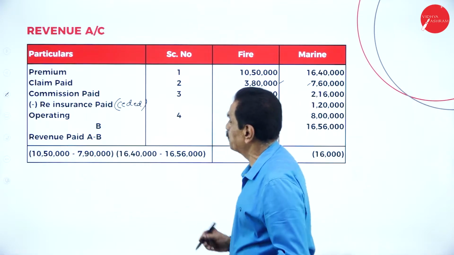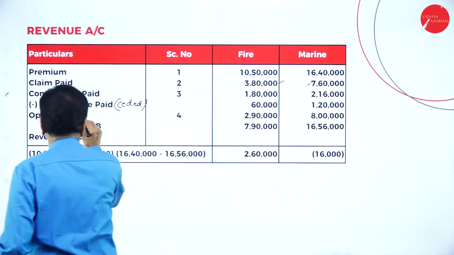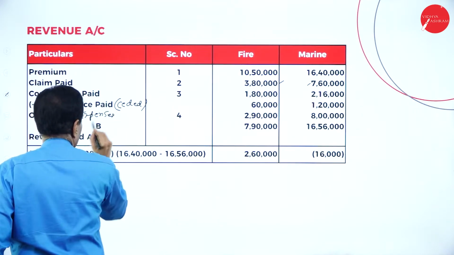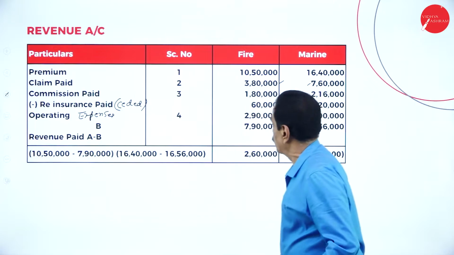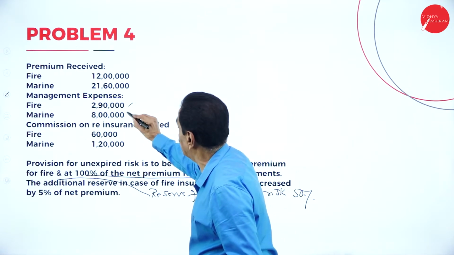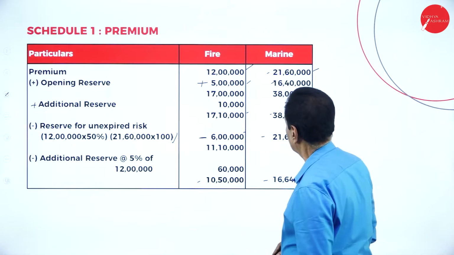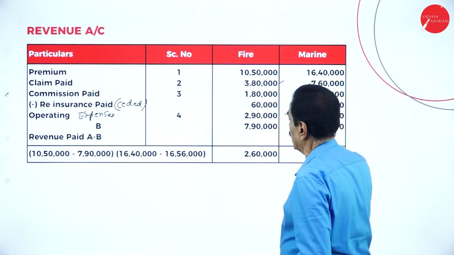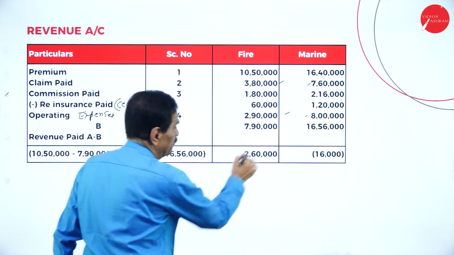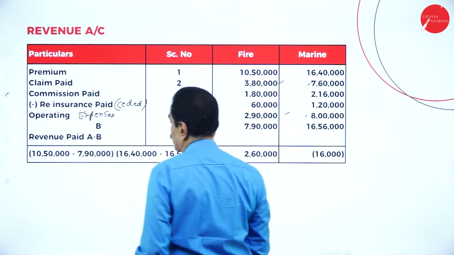Then operating expenses, schedule number 4, that is your management expenses, 2 lakh 90,000, 8 lakh. So total it will come 7 lakh 90,000, 16 lakh 56,000.